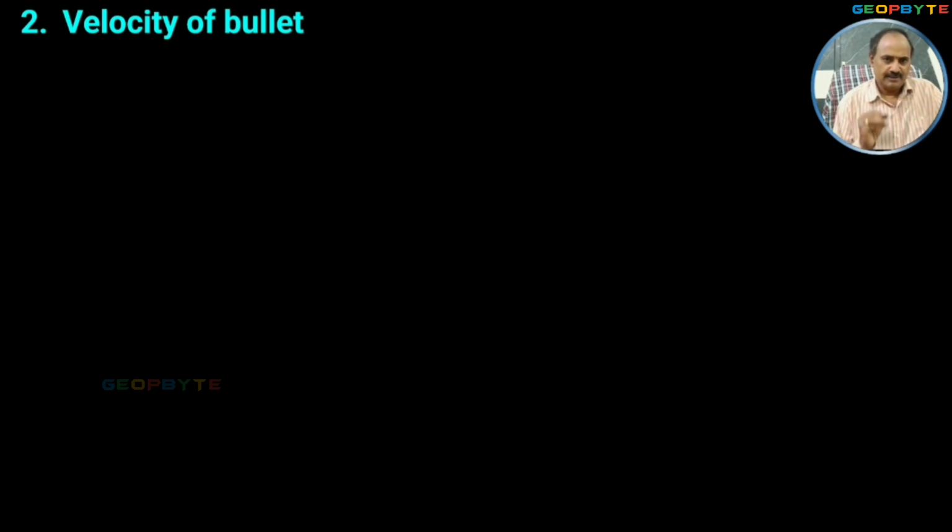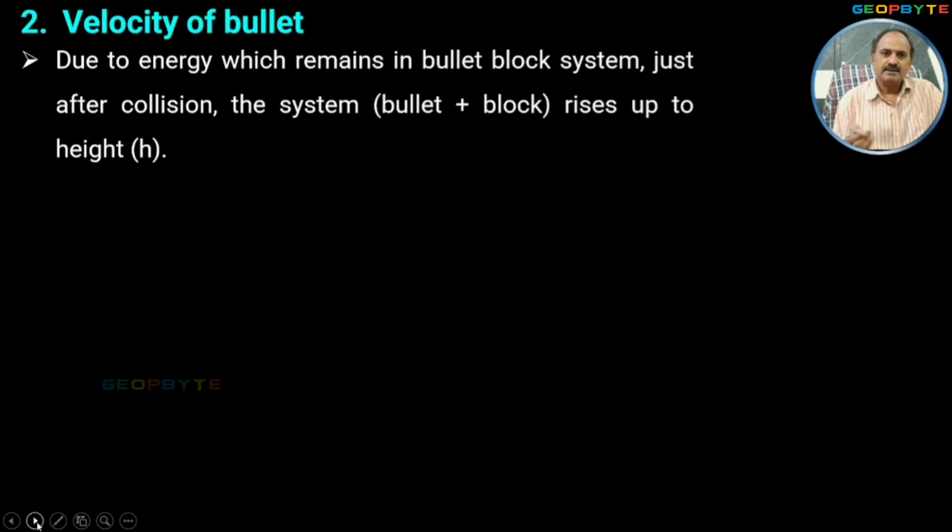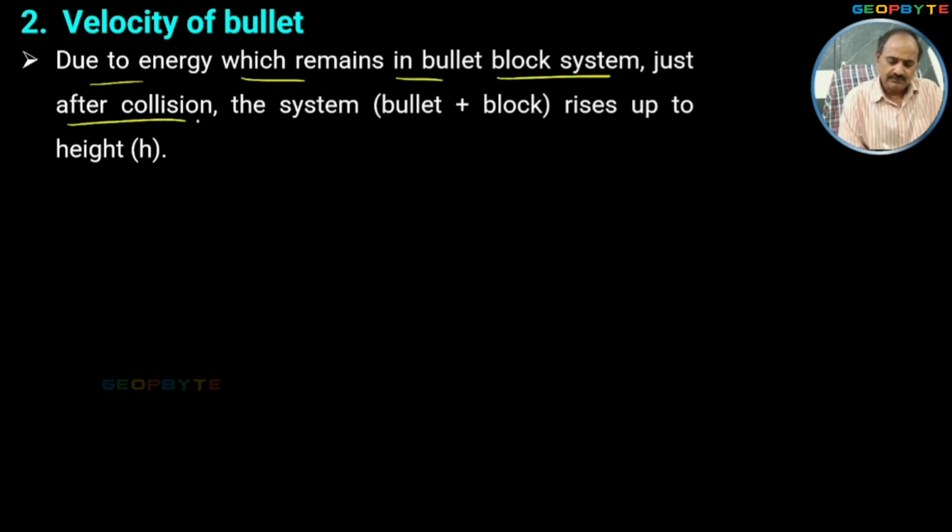Okay. Similarly, let us decide the velocity of the bullet. The velocity of the bullet can be decided by the law of conservation of mechanical energy. Due to the energy which remains in the bullet-block system just after collision, the system, that is bullet plus block, rises up to a height h.